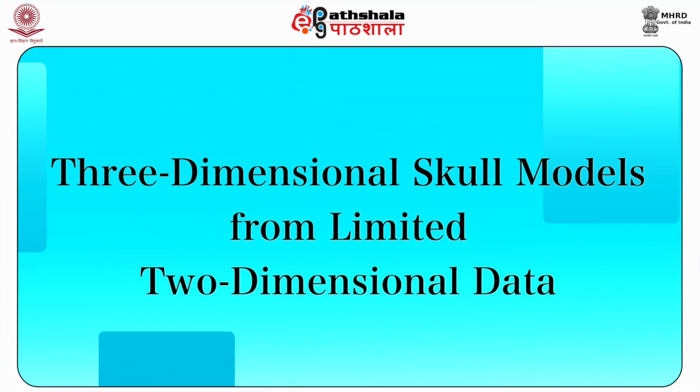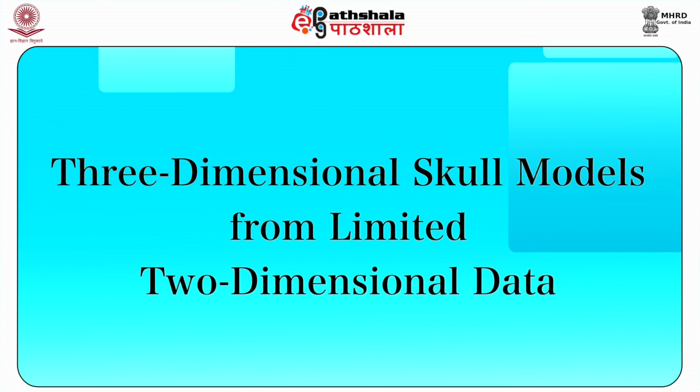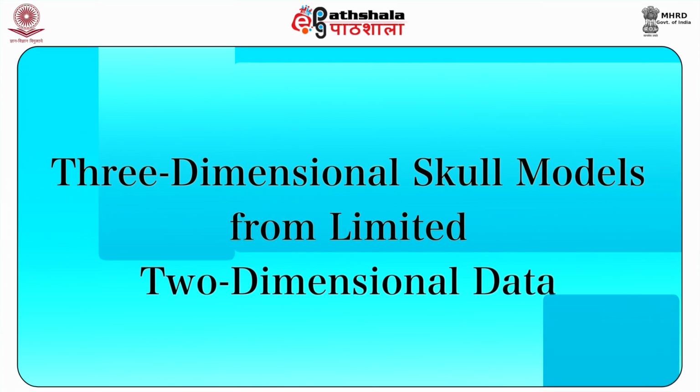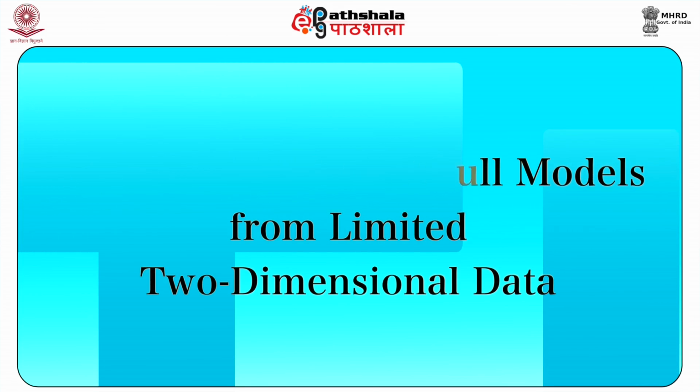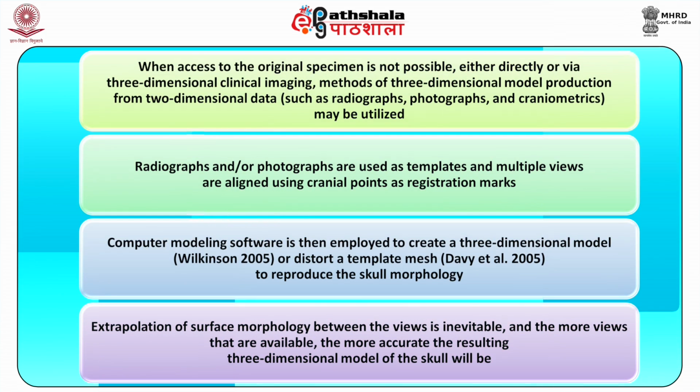Next, coming on to the three-dimensional skull models from limited two-dimensional data, or the 2D data. When access to the original specimen is not possible, either directly or via three-dimensional clinical imaging, methods of three-dimensional model production from the 2D data such as radiographs, photographs and craniometrics may be utilized for that purpose.